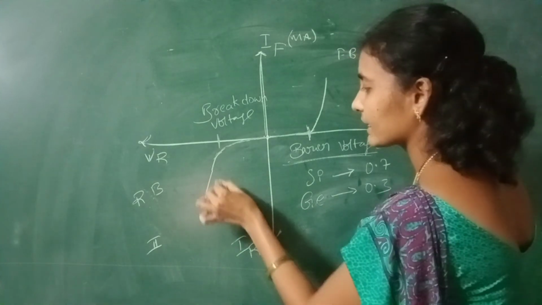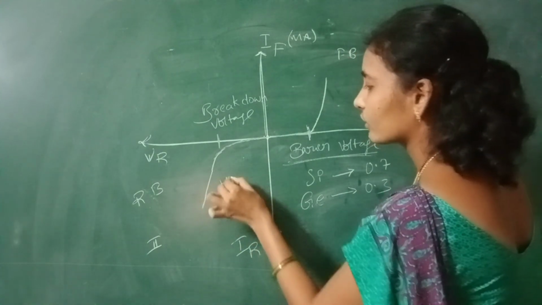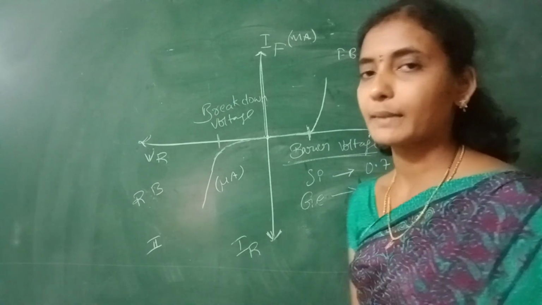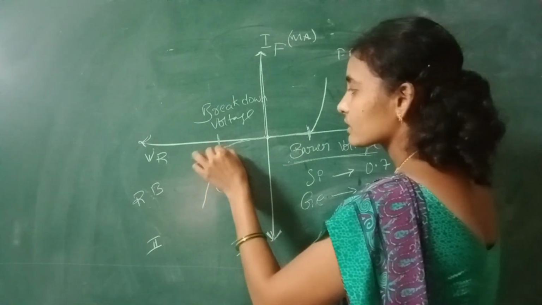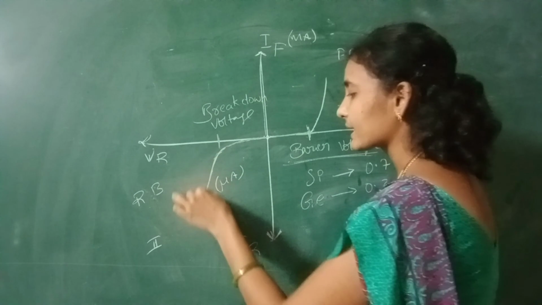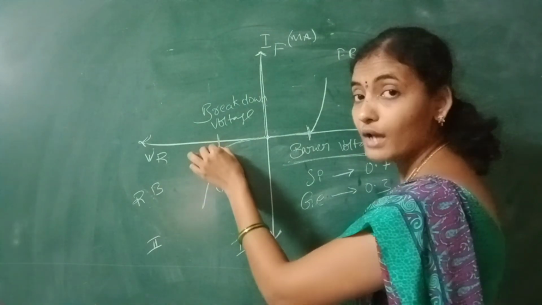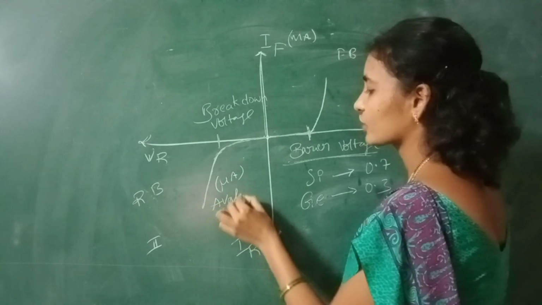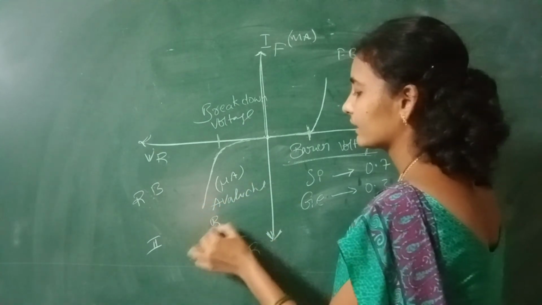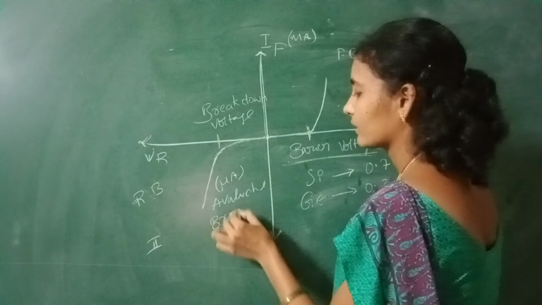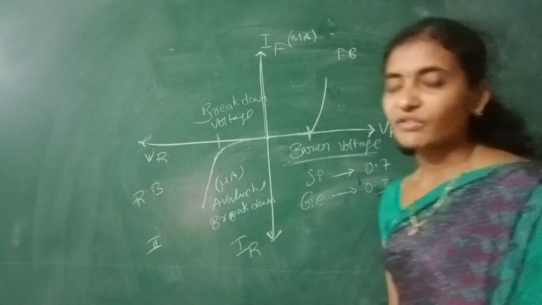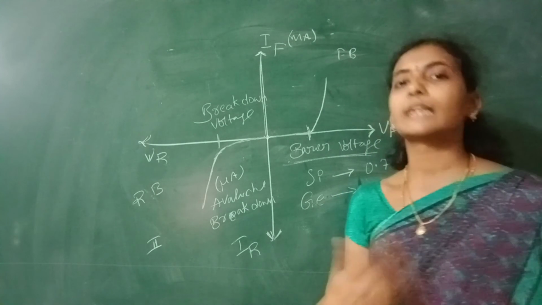The current is measured in microamperes. This sharp increase of current with small changes of voltage is the avalanche breakdown.